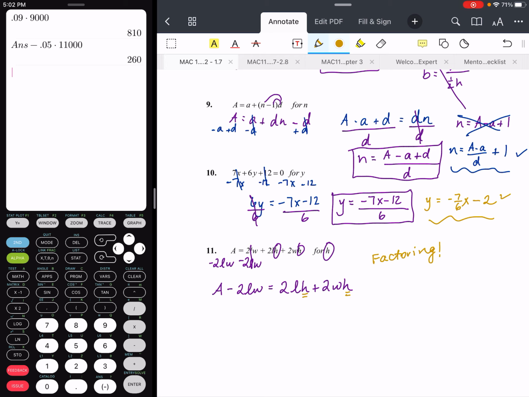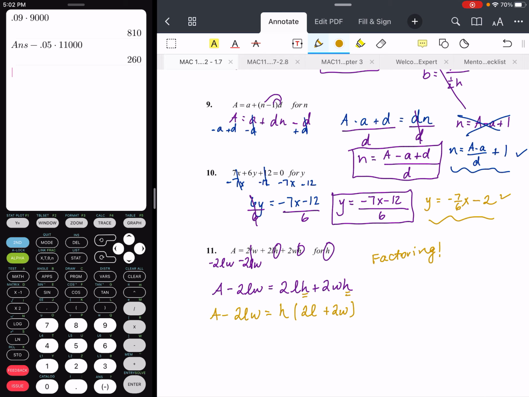We're not pulling out the GCF, which would be 2 times h, because that's too much. We don't really need to do that. All we need to do is factor out that common h. So if I factor out h in front of this, that leaves me with 2 times L plus 2 times W. And I still have A minus 2LW on the left.